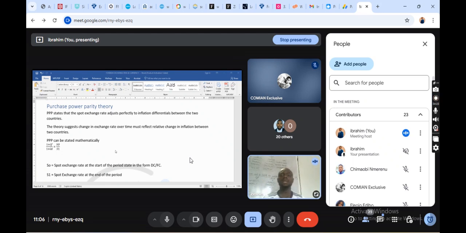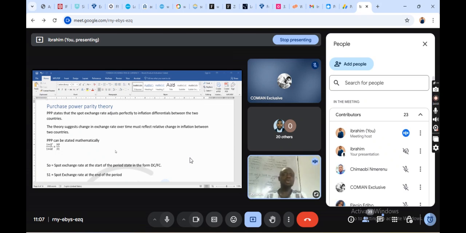For you to get the forward exchange rate, the spot rate needs to be adjusted either for inflation or interest rate, reflecting the inflation of the two countries.